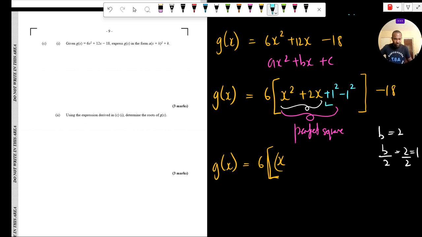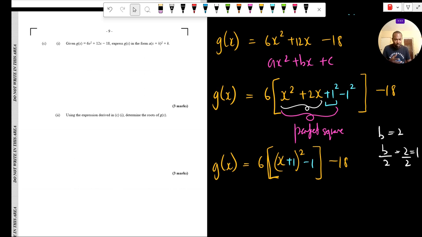So this plus 1 is what comes here. So we have x plus 1 all squared, and that, of course, is a perfect square. Outside, I still have my minus 1 squared, which is minus 1. I close my bracket, and I have my minus 18 outside. I just used a color to show you where those numbers came from.